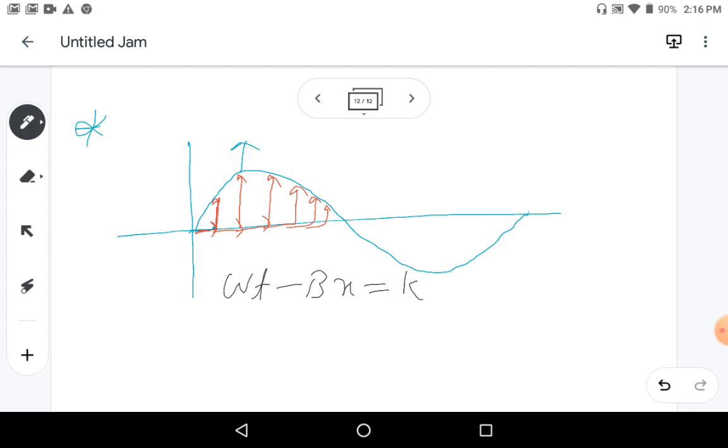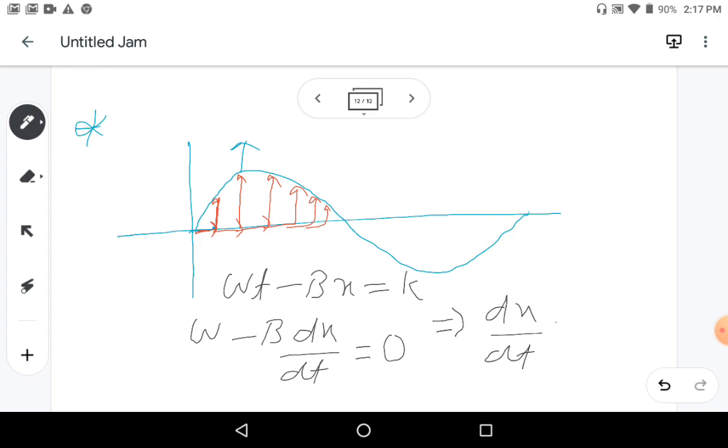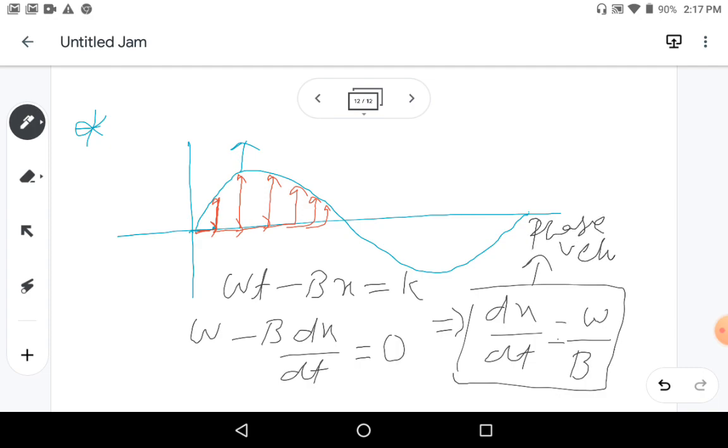Differentiate it with respect to time, then omega minus beta dx upon dt equals 0. That means dx upon dt equals omega upon beta. This is known as phase velocity.